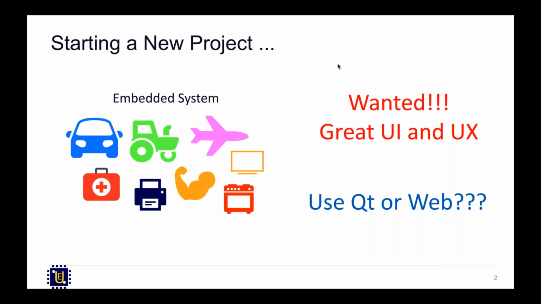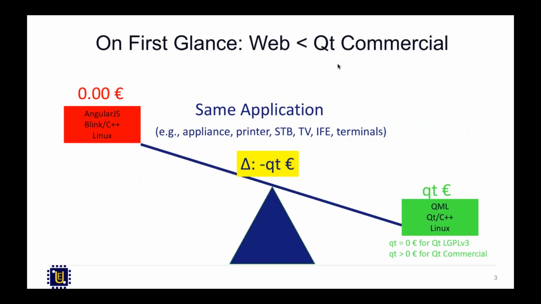So the situation you're facing when you are selecting your HMI and application framework at the start of a project looks pretty much like this here. On a first superficial glance, web looks much, much cheaper than Qt commercial. So you have no costs if you use web technology, say AngularJS or React Native on a Chrome browser or the Blink rendering engine and Linux. €0 or dollars.